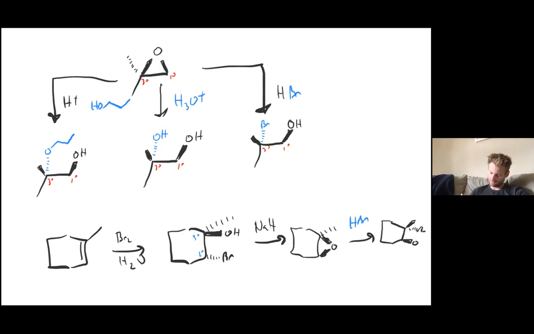Alcohol and bromine. So now we have this bromine in our tertiary and this alcohol in our secondary. So this lets us do a little bit more control of things. We can switch up some positioning that we weren't able to do previously.